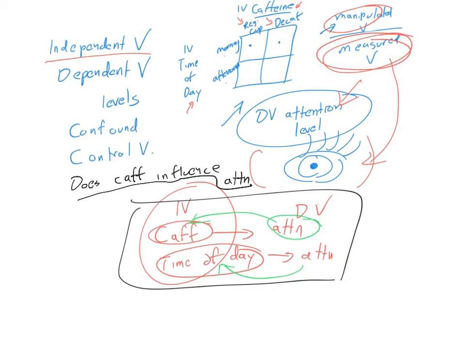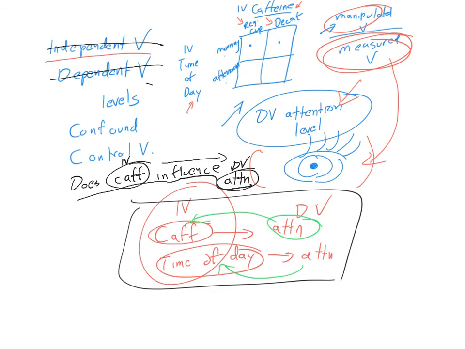If you have a statement like that, identify the variables and see if it is clear which direction I'm thinking things go in. The influencer is the IV. What is being influenced is a DV. Okay? So now we have dependent variable, dependent variable.